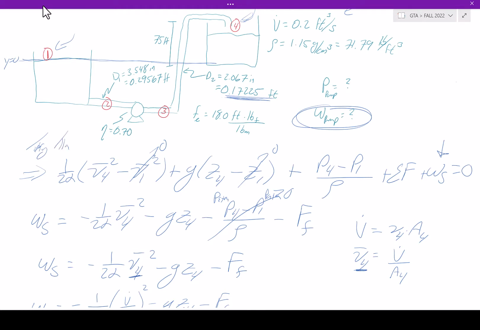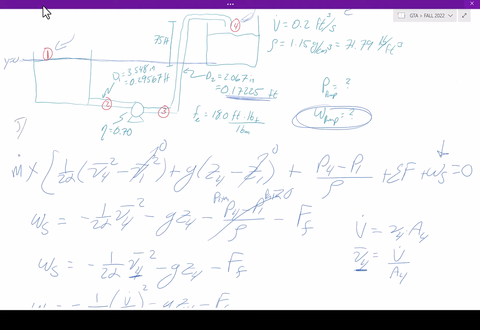And so if you want to get an actual work term, if you want to get into either joules per second or, in this case, horsepower, you need to multiply by the mass flow rate. So if you take this term right here and you multiply it times the mass flow rate to every term, you get an energy per second term.